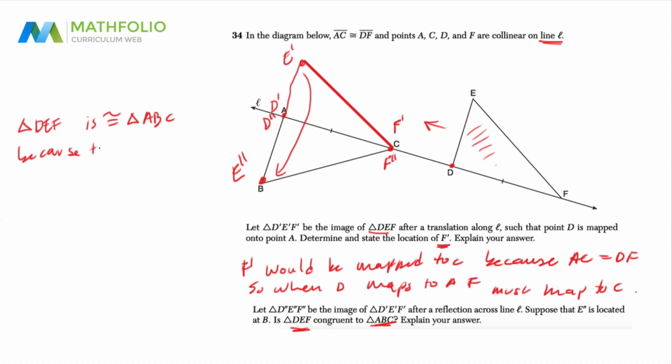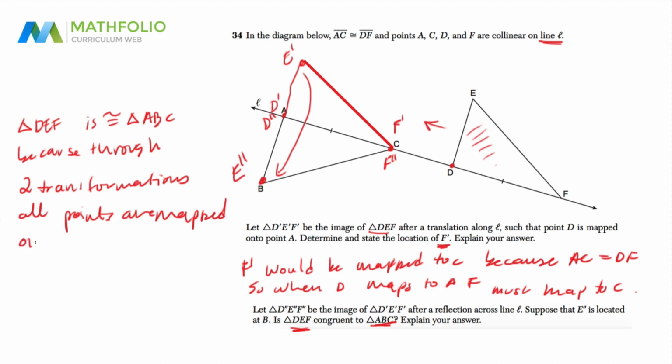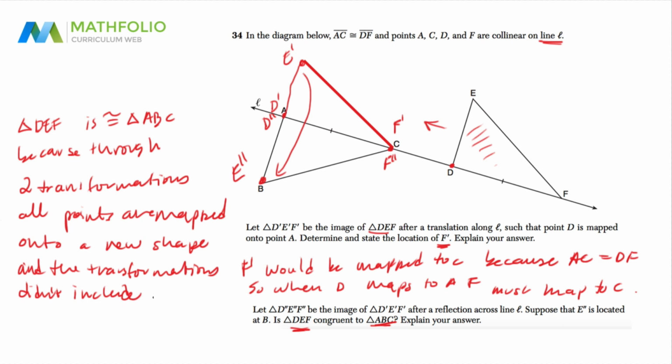because through two transformations, all points are mapped onto a new shape, and the transformations didn't include a dilation.